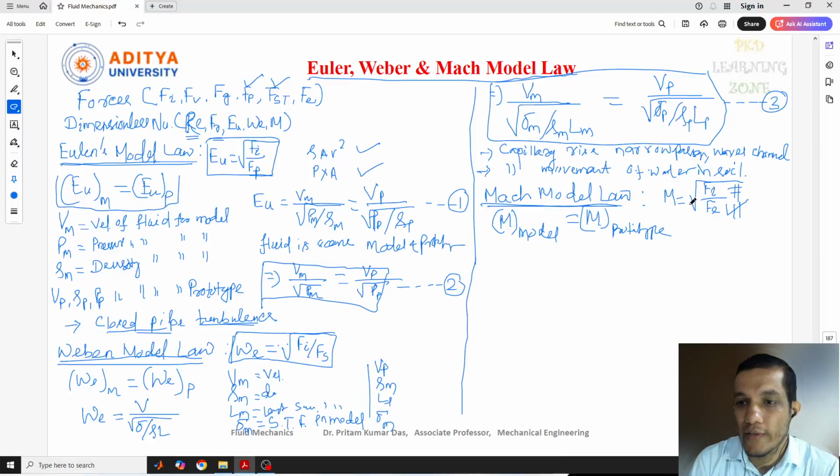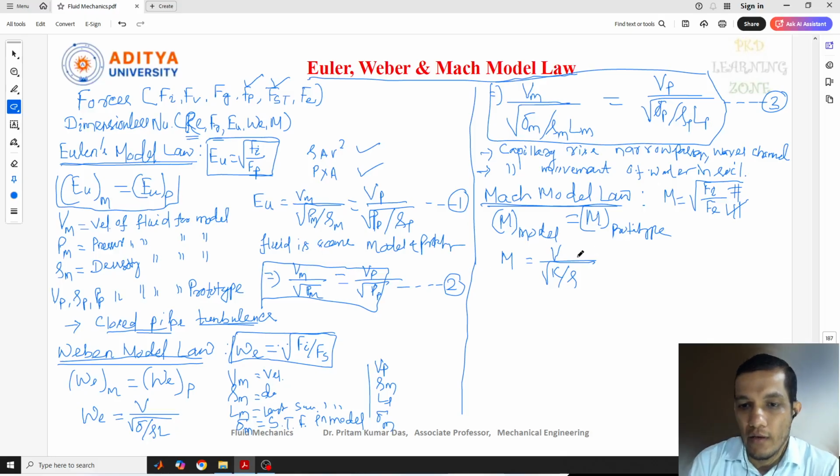Now from this equation we have derived this one, and we found, let me write here, Mach number equal to v by, v always will be there in the top, root over of k by rho. So k is the elastic stress we have taken.